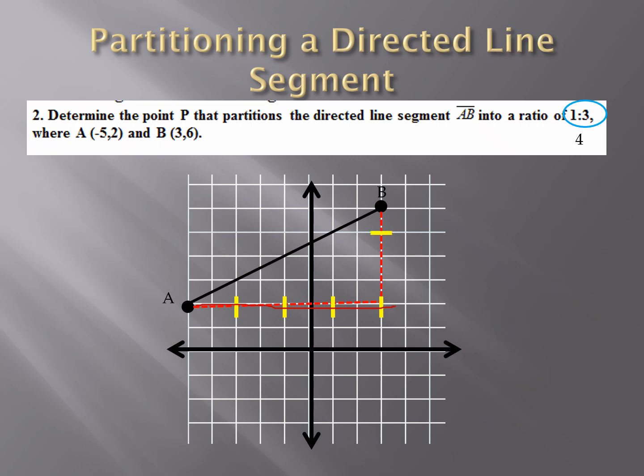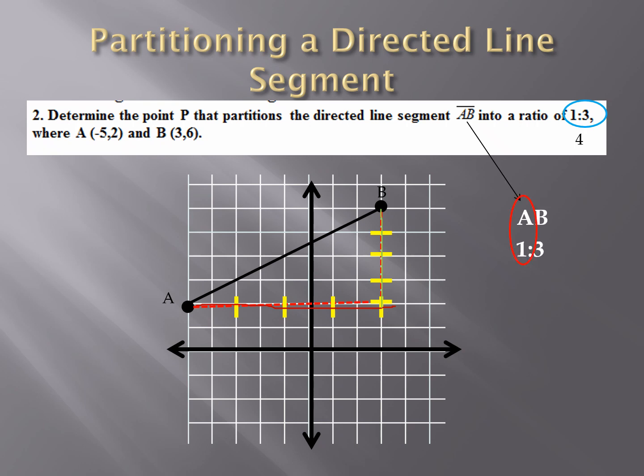Then you do the same for the other side. You count how many boxes there are vertically, which is 1, 2, 3, 4, and we know 4 divided by 4 is 1, so that's where our yellow tick marks will go.